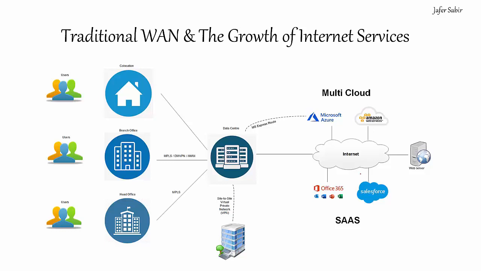So if we draw the additional data center here to show how complex it can be, if we draw a data center and draw the connectivity to the offices, we can see very quickly how complex it can become.